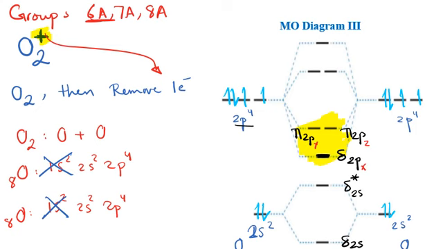And the same thing happens on the top. Pi star, they are coming from 2p, and this one is sigma star 2p. And to make xyz, I'm going to write like this: x, y, and this one is z. Always 2px is making this.